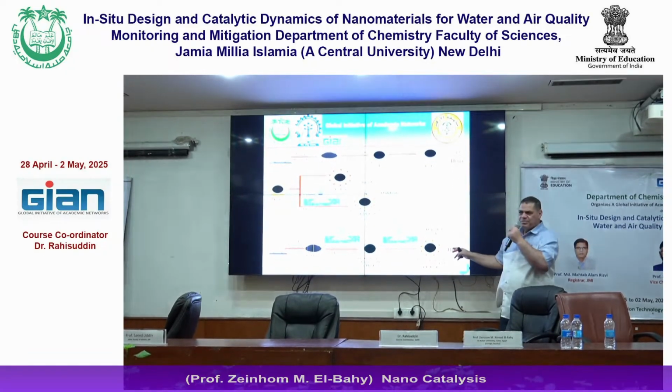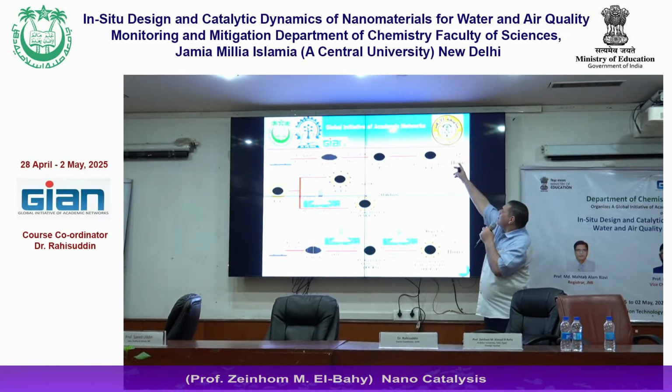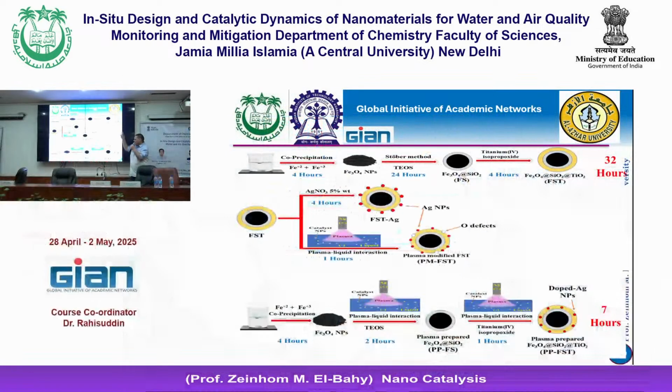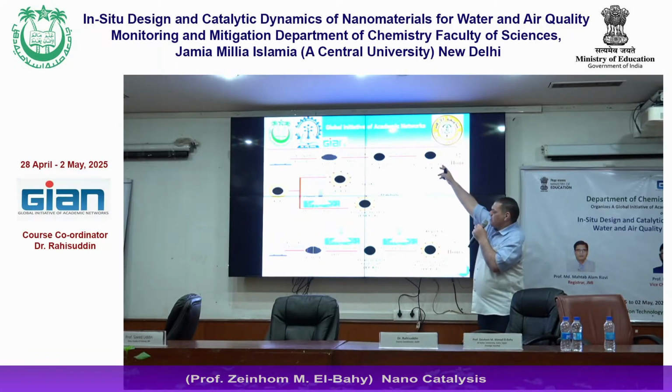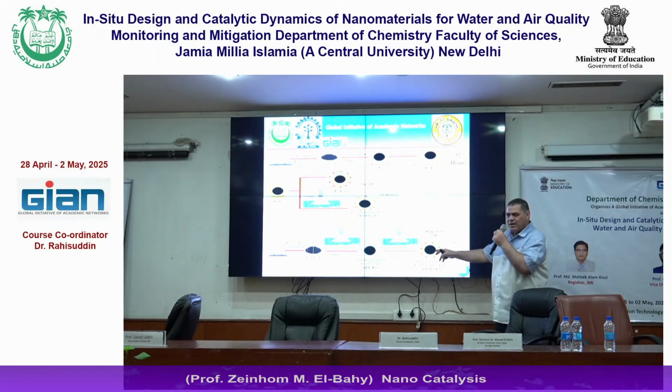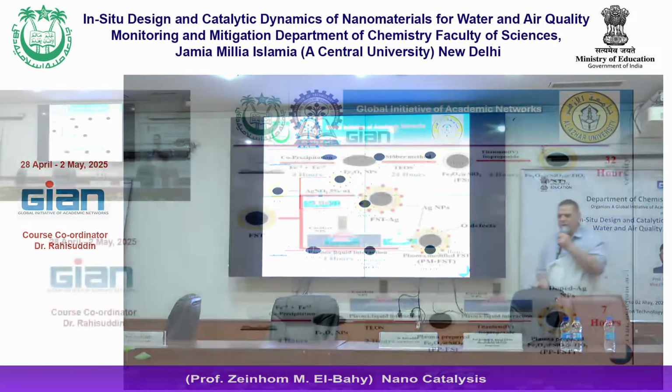Here you can do it in 32 hours. Here you can do it in 7 hours. This is the first factor. Second, when we measure the catalytic activity of this material and this material, it is completely different. This material has much more catalytic activity in the desired reaction.